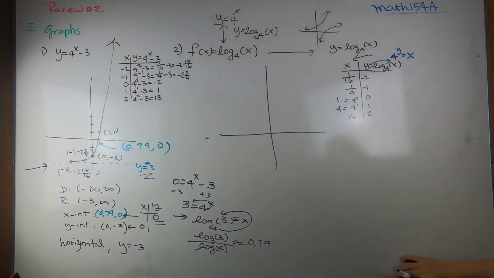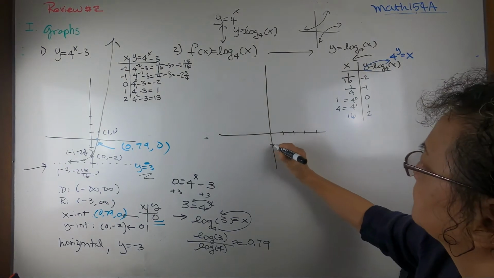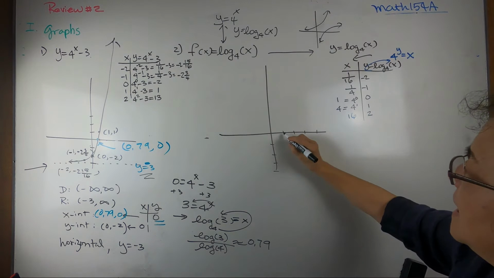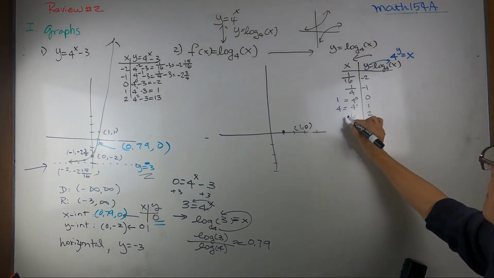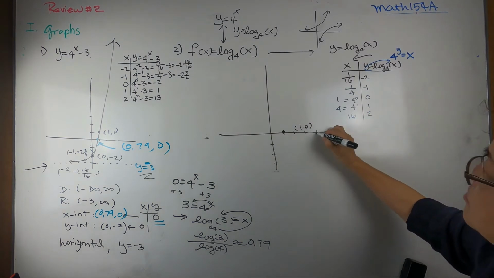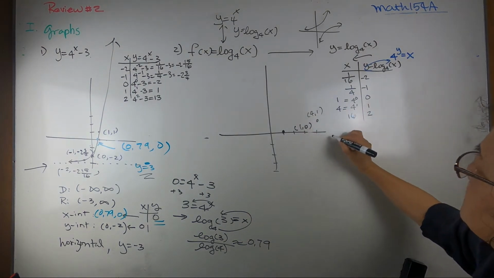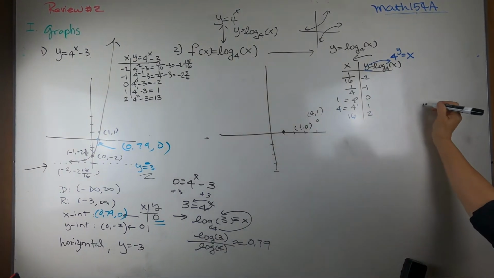So if we do this, what do we have? 1 is 0. That's this point, right? And 4 is 1. That's this point. Then 16, y is 2, is somewhere here, right?